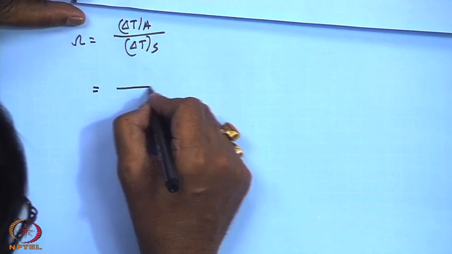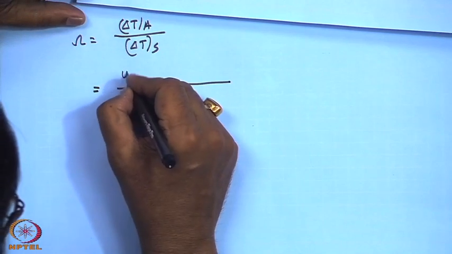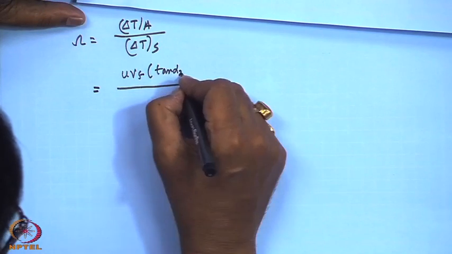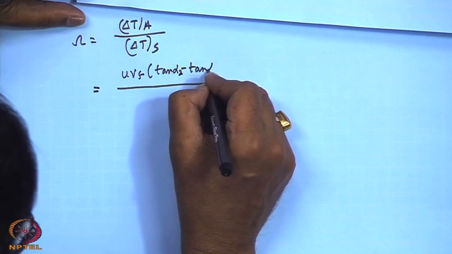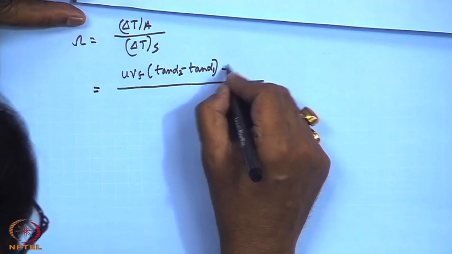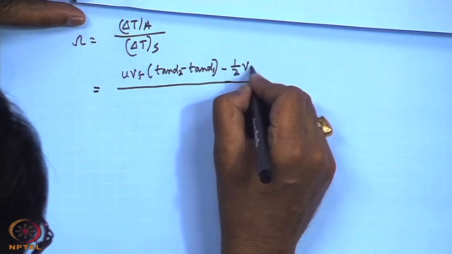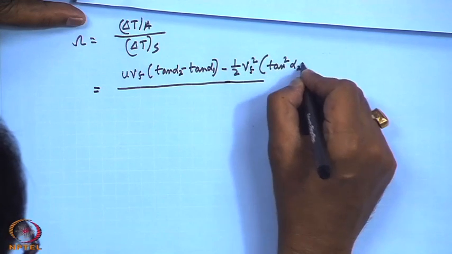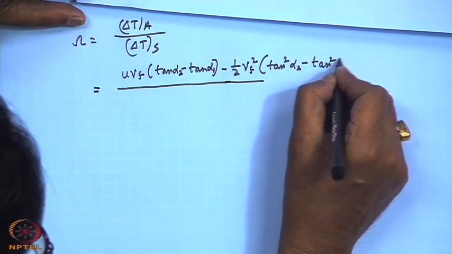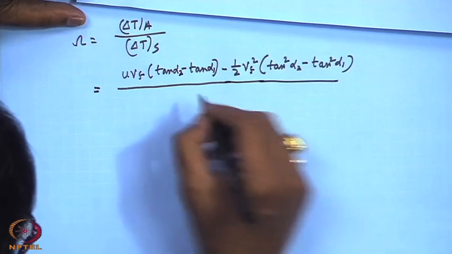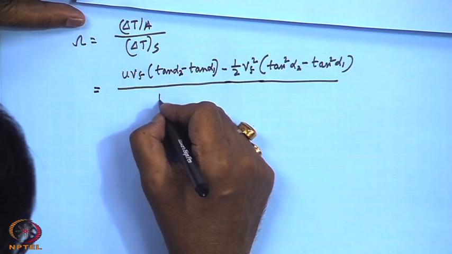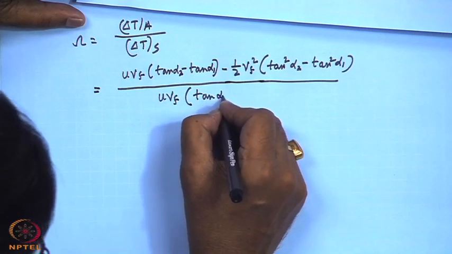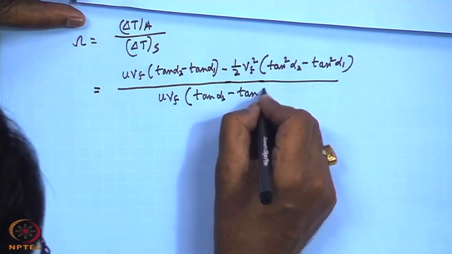So, therefore, this becomes equal to U Vf (tan alpha 2 minus tan alpha 1) minus half Vf square (tan square alpha 2 minus tan square alpha 1), divided by the total stage, which we derived earlier, U Vf (tan alpha 2 minus tan alpha 1).